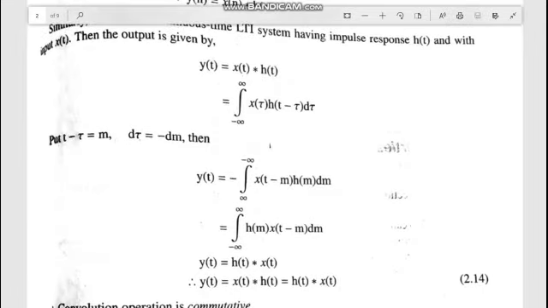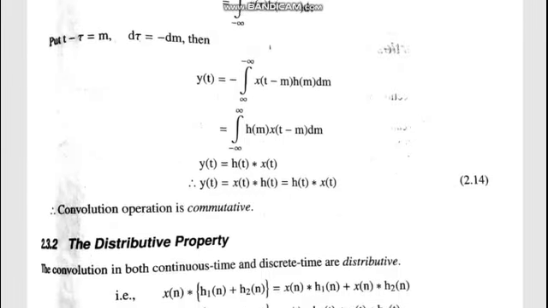So y of t is equal to minus integration plus infinity to minus infinity x of tau, where tau is equal to t minus m, h of m. What is d tau? D tau is minus dm. So the minus sign is taken outside dm. Then simplify, change the upper limit and lower limit. Then h of m x of t minus m into dm. So the above equation represents y of t is equal to h of t convolved with x of t.